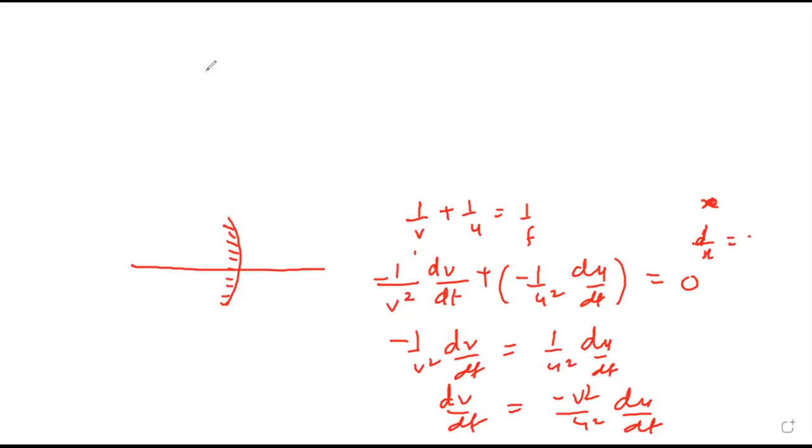The second car is 2.8 meter behind. That means the object is at 280 centimeter. 1 upon v plus 1 upon u is equal to 1 upon f.